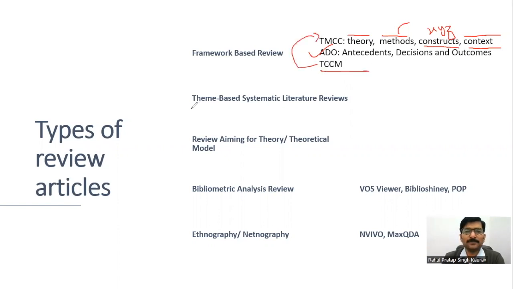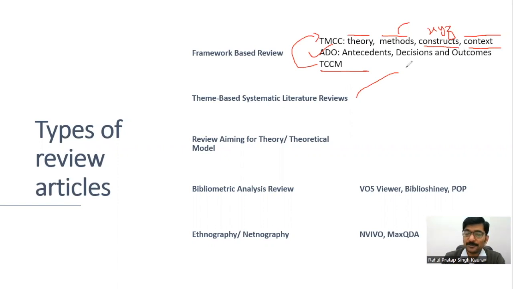Then there could be theme-based systematic literature review. So how many of them have researched on a theme? The paper was on internal marketing itself, but how many have done research on emerging economies, or some other important theme?